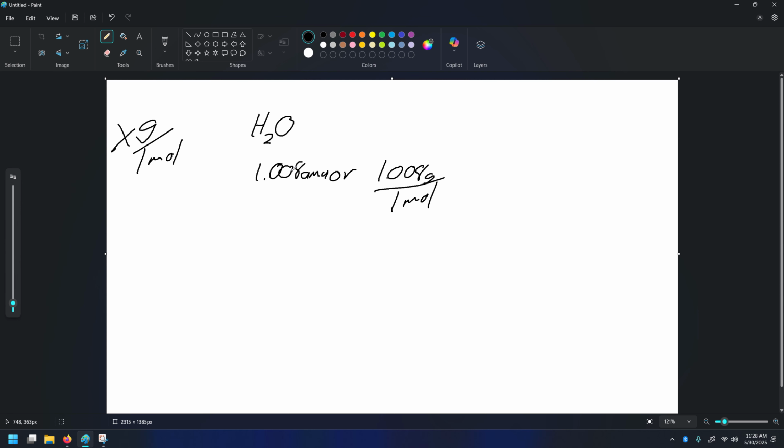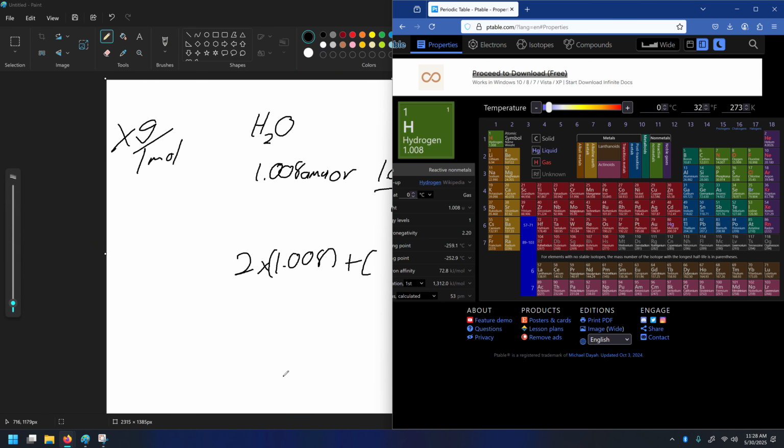All right, so that's the weight of 1 hydrogen atom. Since we have 2 hydrogen atoms, I'm going to take that 1.008 and I'm going to multiply it by 2 because we have 2 of that atom. And then I need to know how many AMUs, or grams per mole, oxygen weighs.